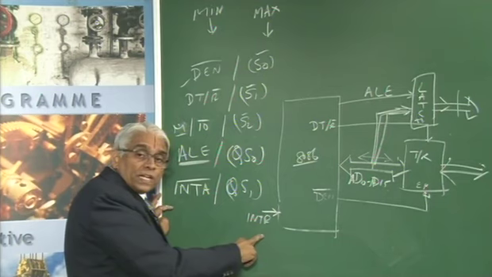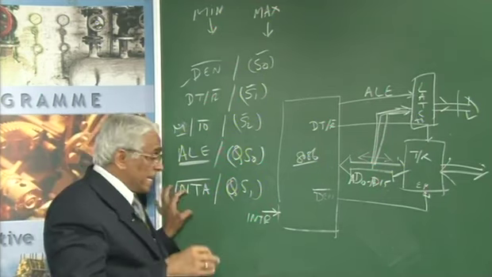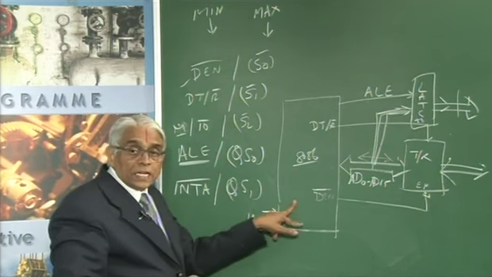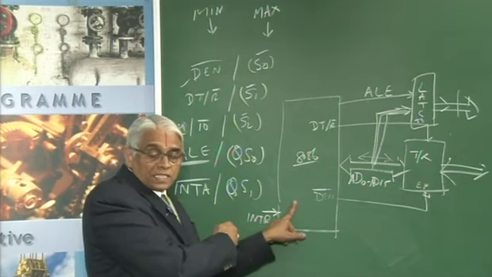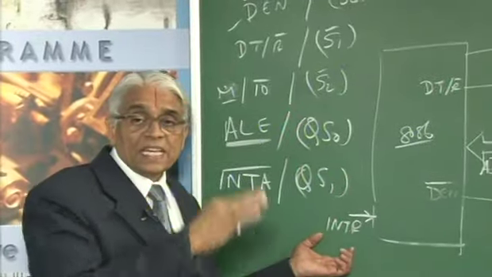The microprocessor monitors this pin. At the end of the present machine cycle, it recognizes the interrupt provided it is not masked. In the internal architecture of the microprocessor, we mentioned that there is an interrupt flag.